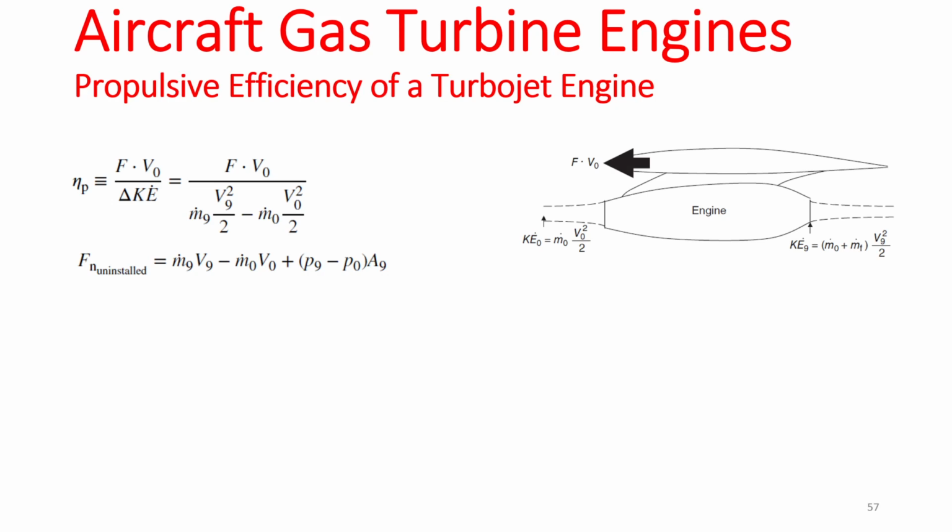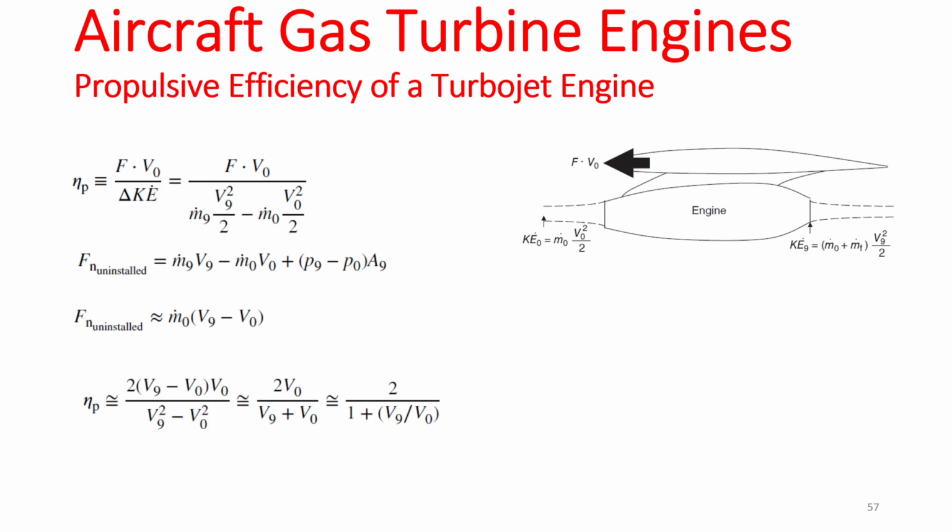And for a perfectly expanded nozzle, you're only going to get m dot 0 (V9 minus V0), and the propulsive efficiency for a perfectly expanded nozzle is going to be 2 divided by 1 plus V9 over V0, which is something we have already discussed.